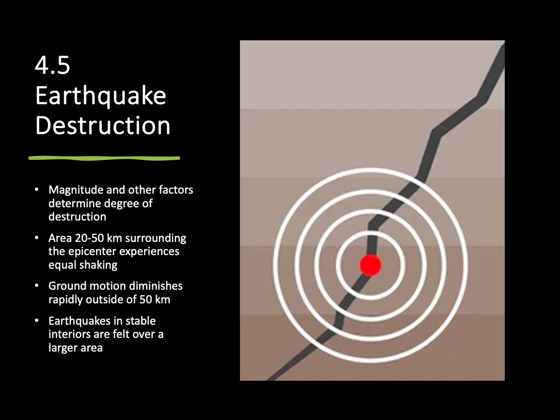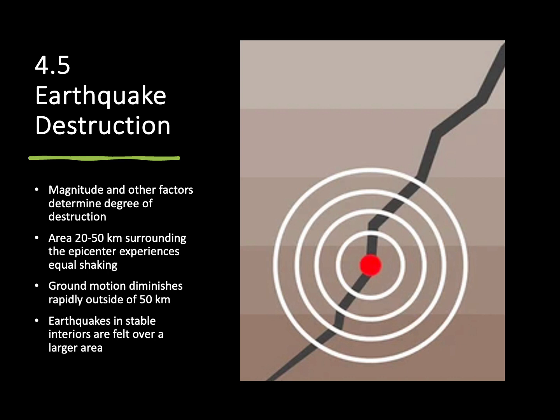The entire area is going to shake the same amount. But once we get more than 50 kilometers, or about 30 miles away from the epicenter, that ground shaking is going to diminish really, really quickly. We're not going to feel it very long or very much outside of that 30 miles.